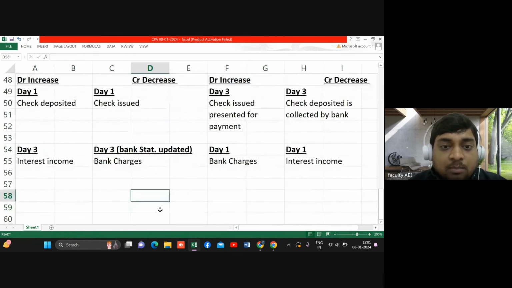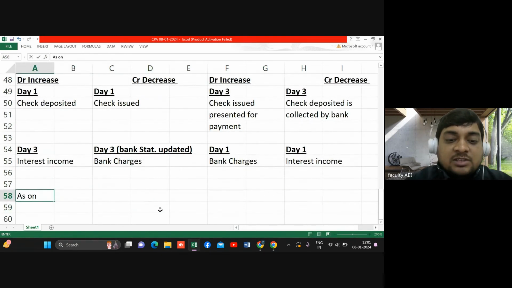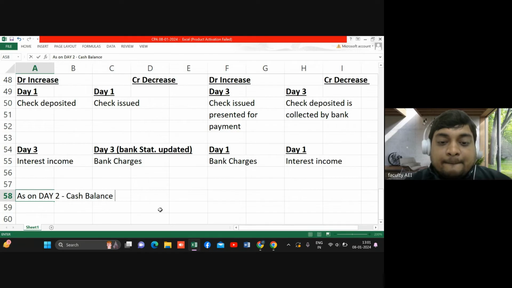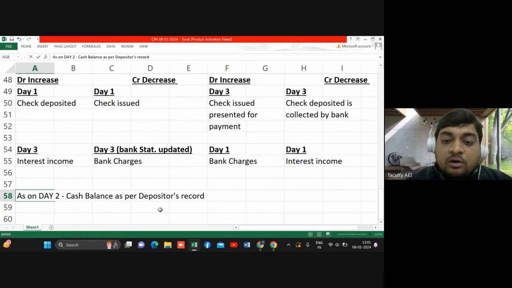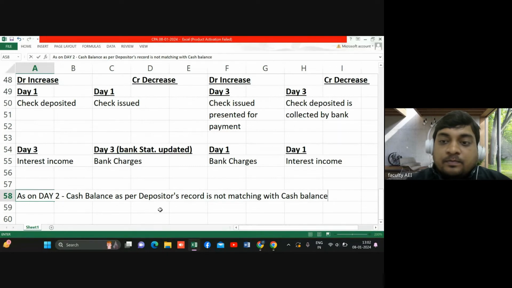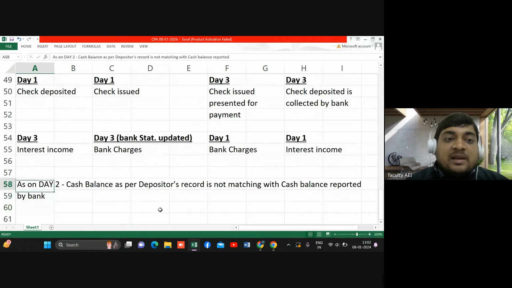So as on day 2, cash balance as per depositor's record is not matching with cash balance reported by bank.